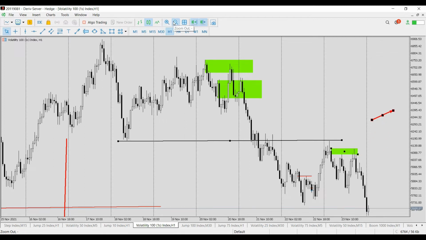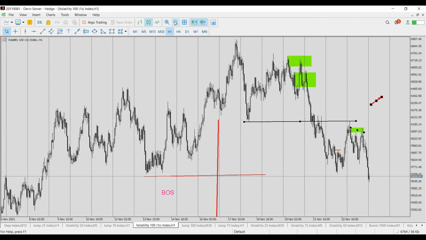How do you enter trades like this? You either do market execution, where you enter in real time and sell the market, probably on lower time frames, or you put pending orders, stop limits or stops, to help you catch these entries swiftly.